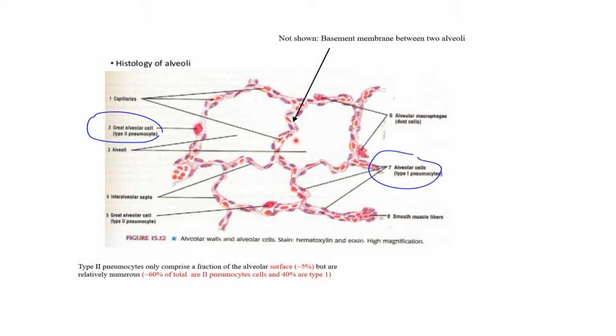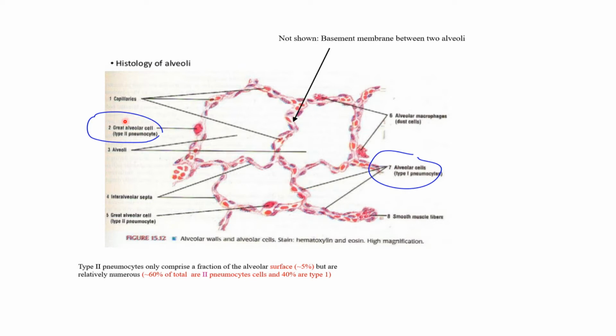Each alveolus has an alveolar wall made of a very thin epithelial layer, and the epithelium is made of type 1 pneumocytes, which are very thin, flattened, and occupy most of the alveolar wall epithelium.